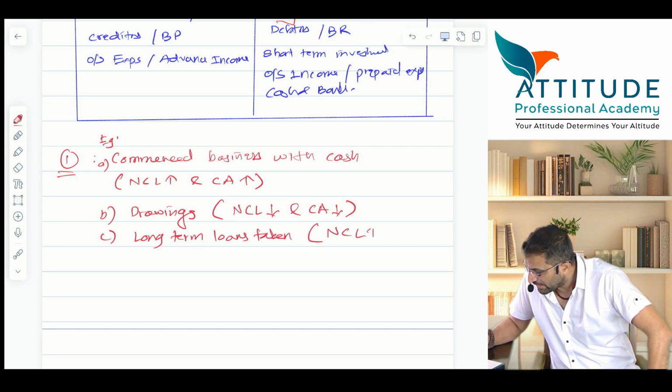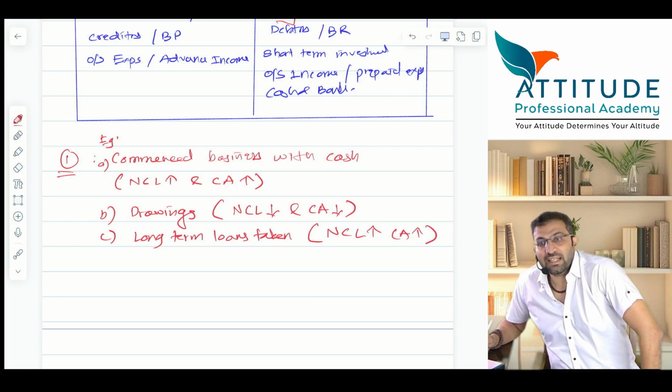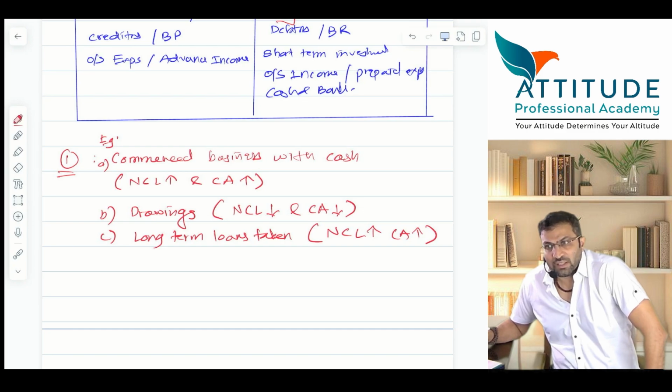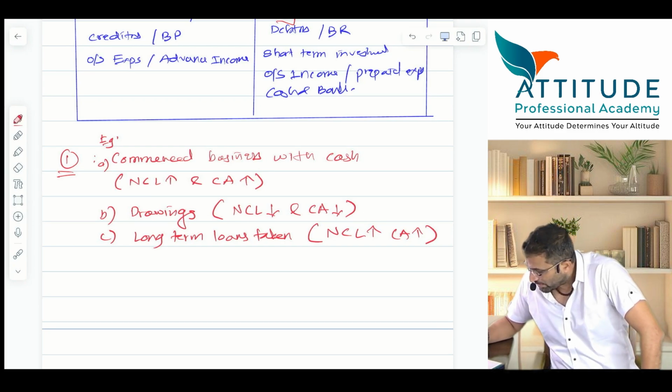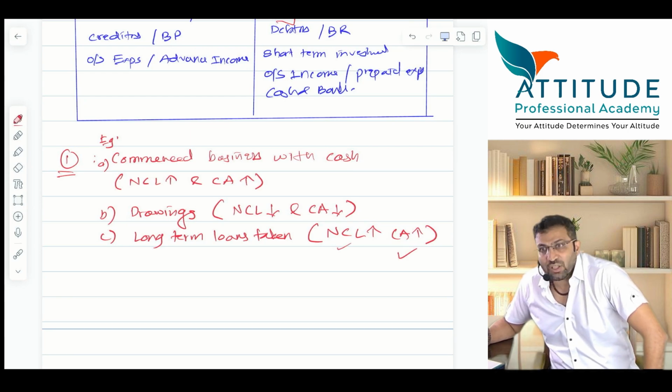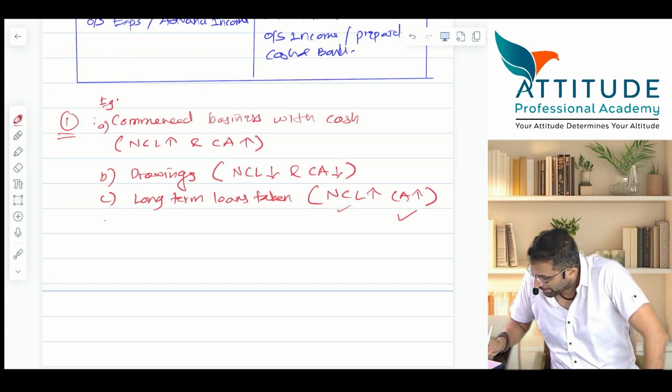NCL increases, CA also increases. Correct hai? Journal entry you know. Bank account debit to loan account. Bank account debit, current asset increases, loan account credit, liability increases. Yes or no? Okay. Then repayment of long term loan.